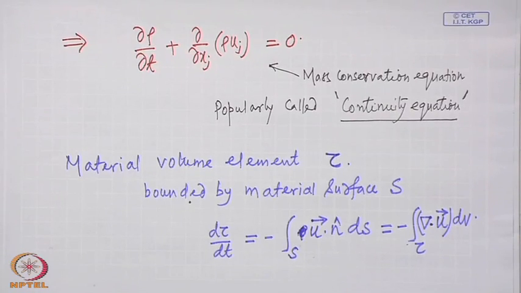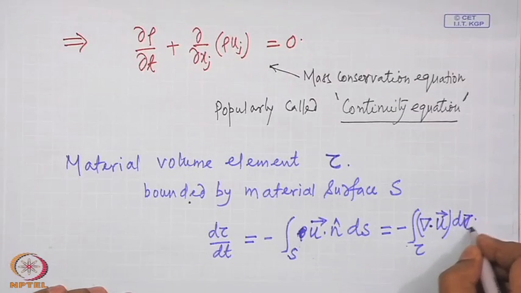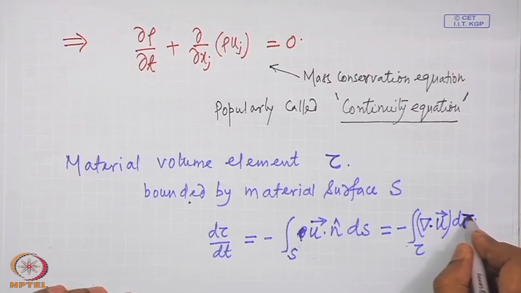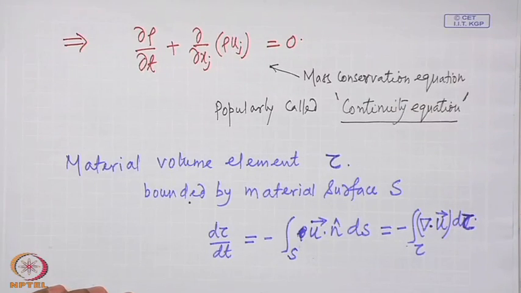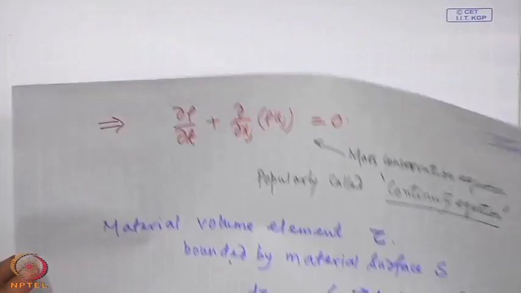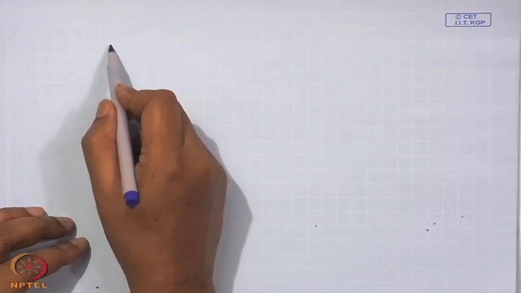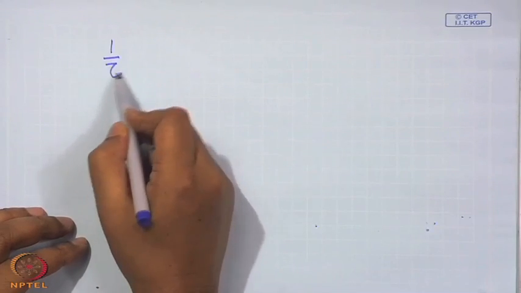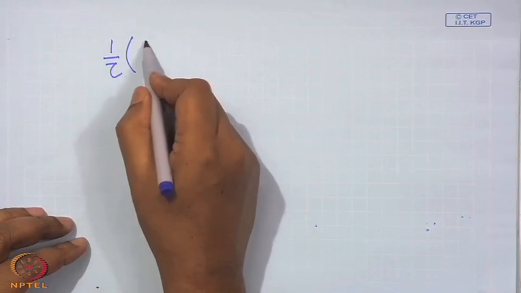So, the rate of volume change is not dV, d tau. Now, take this rate of change of volume per unit volume.